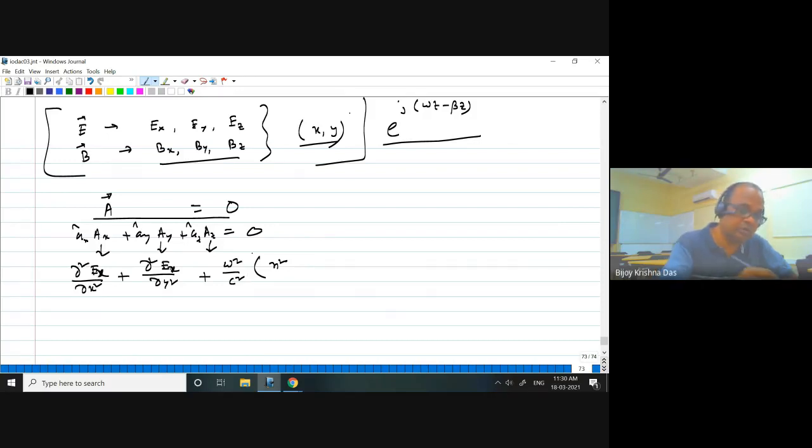Okay, let me write in this form. Omega over c square and then n square. N square is actually a function of xy, right? And minus beta square. Maybe write this bracket and Ex.